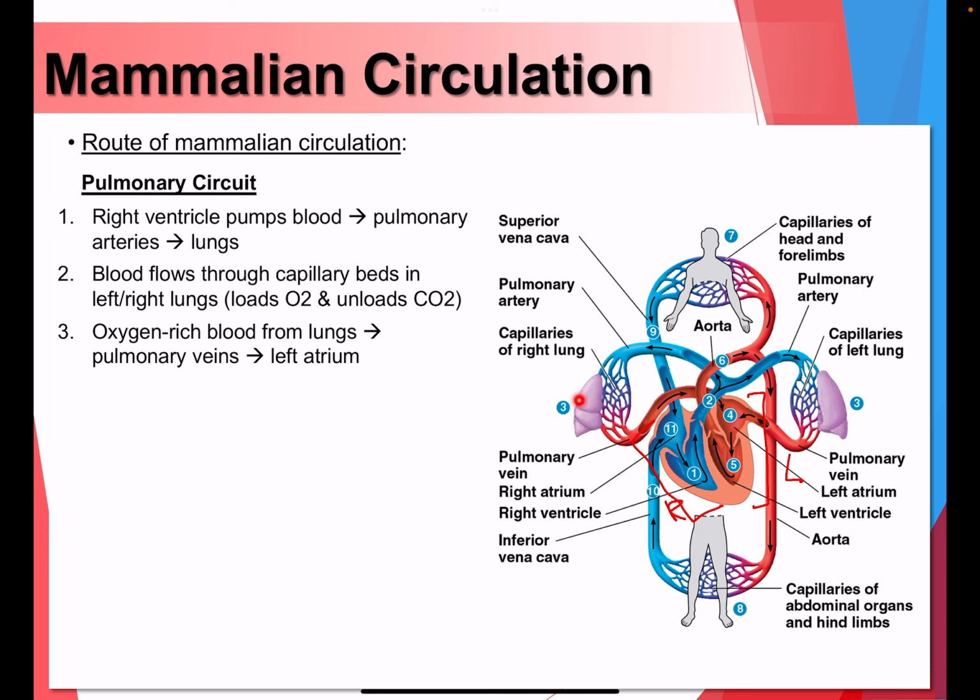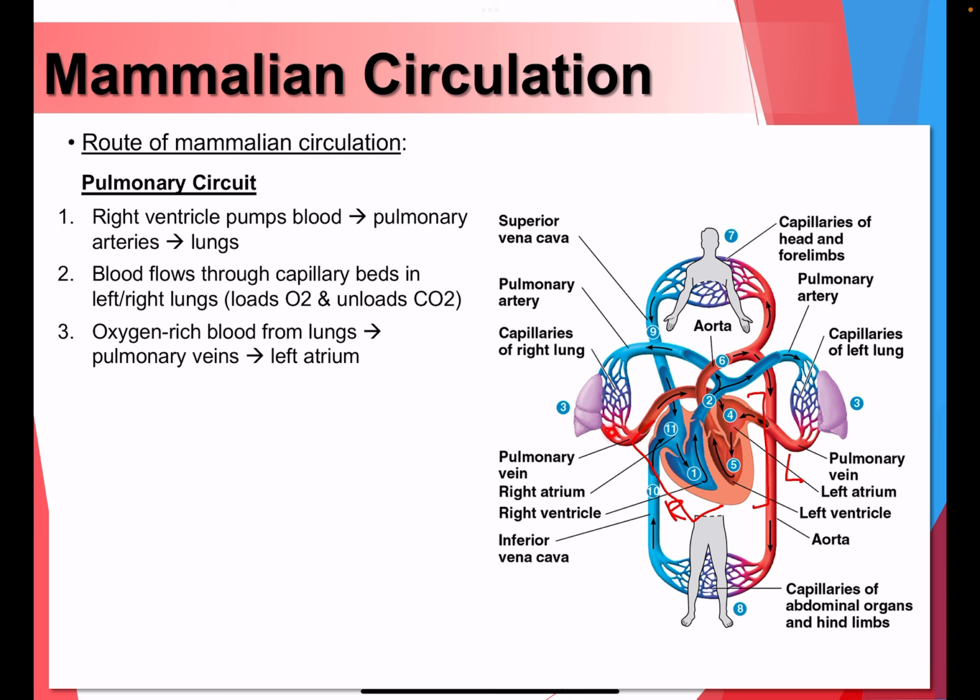In the lungs, they will pick up oxygen and drop off carbon dioxide. So that's why the blood will flow through all the capillary beds within the right lung and the left lung and loads on oxygen and unloads carbon dioxide. Now, what's coming out of the lungs, these are called pulmonary veins, either side.